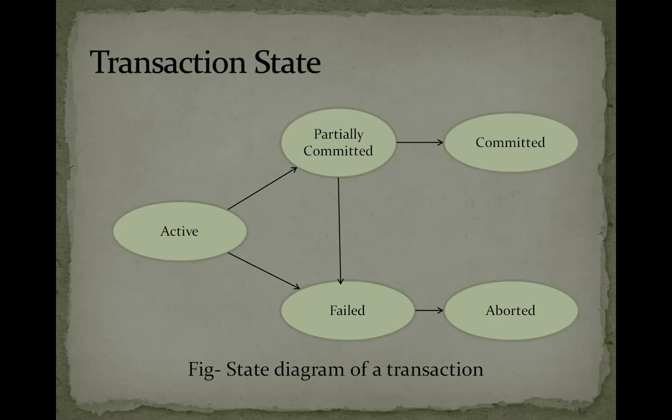And if we are to ensure the atomicity property, an aborted transaction must have no effect on the state of the database. Meaning thereby any changes that the aborted transaction made to the database must be undone. And once the changes caused by the aborted transaction have been undone, we can say that the transaction has been rolled back.